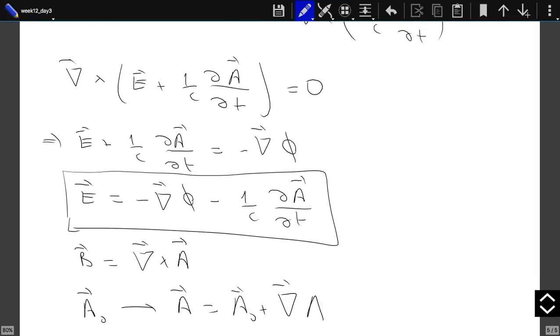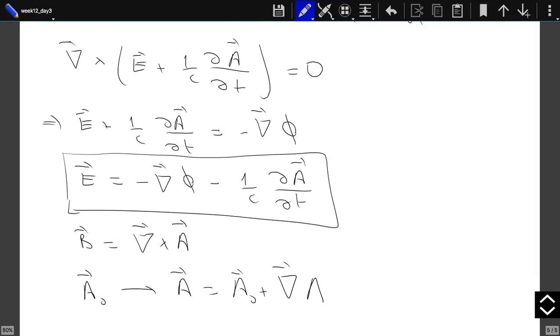But unless I also change my definition of phi, the electric field will change. But it shouldn't. I mean, I'm defining this A and phi fields corresponding to given E and B fields. I know that I can choose infinitely many A corresponding to a B field, but it basically tells me that I should also change my phi.